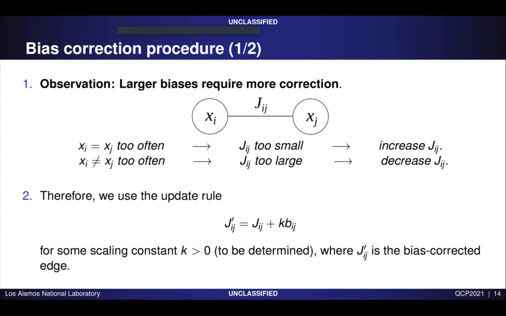Therefore, the update rule we use for a pair of variables i and j is the sum of the previous quadratic weight plus the quadratic bias measure for that edge times a reasonable scaling factor k. This update rule therefore corrects the bias for a particular edge, and the amount we corrected is proportional to how biased the edge was to begin with.